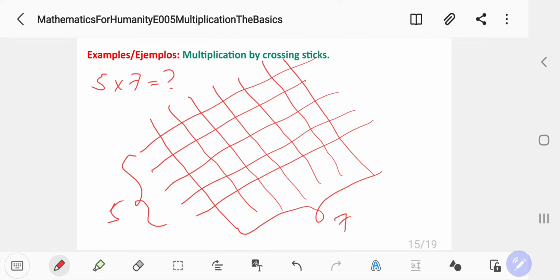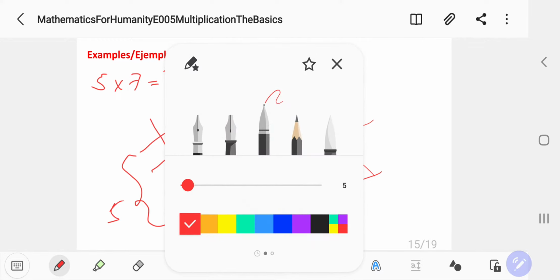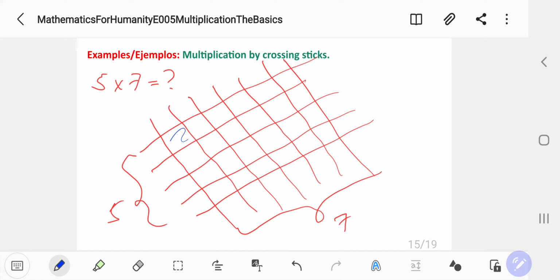So let's count the intersections of these two lines. You have 1, 2, 3, 4, 5, 6, 7, 8, 9, 10, 11, 12, 13, 14, 15, 16, 17, 18, 19, 20, 21, 22, 23, 24, 25, 26, 27, 28, 29, 30, 31, 32, 33, 34, 35.